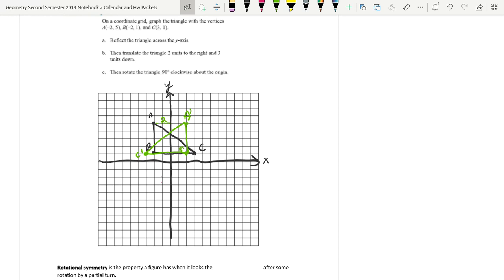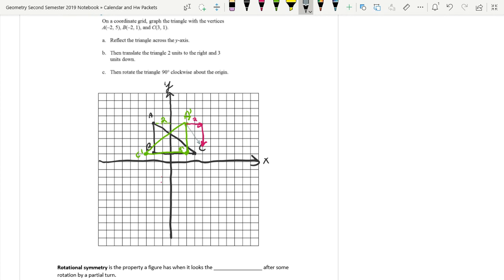Translate means to move or to slide the triangle 2 units to the right and 3 units down. What's my translation vector going to be then? It's actually right here. That's the translation vector, and every single point will be moved that distance and that direction.